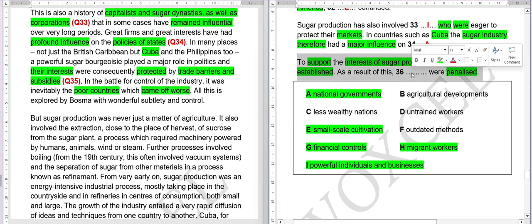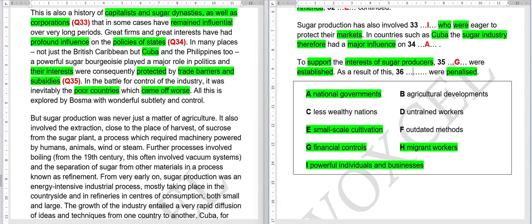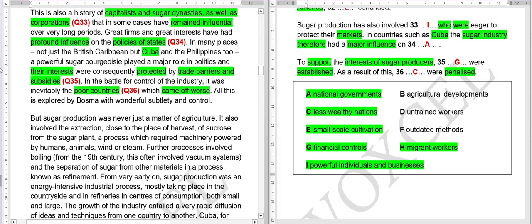36 is option C, less wealthy nations. I hope you figure out this particular answer. Poor countries, here they have written. Let me mark it first for you guys, then I'll explain. So here they are saying that as a result of this particular thing, dash were penalized.